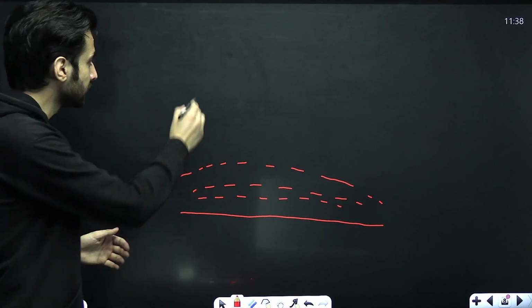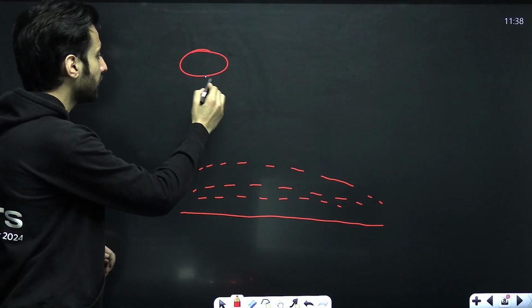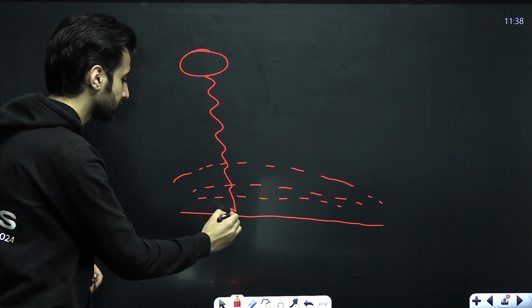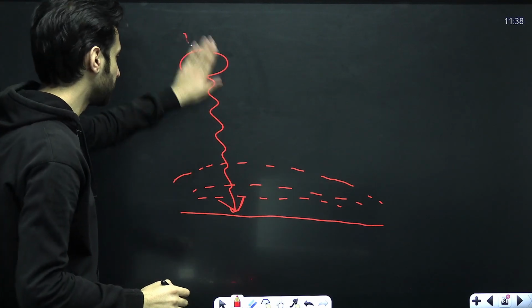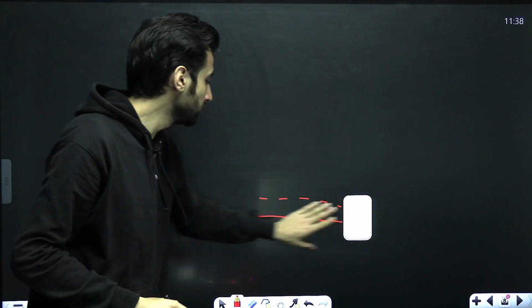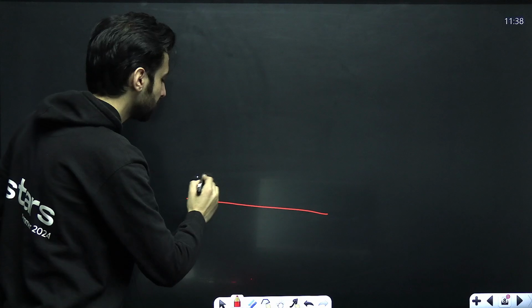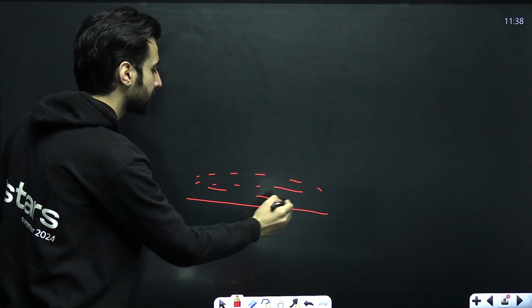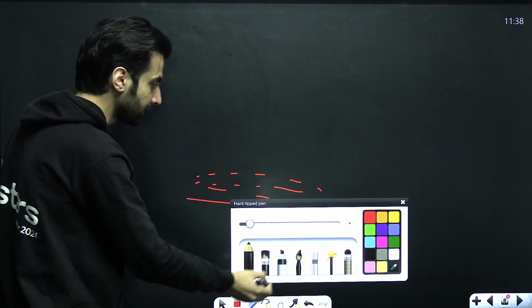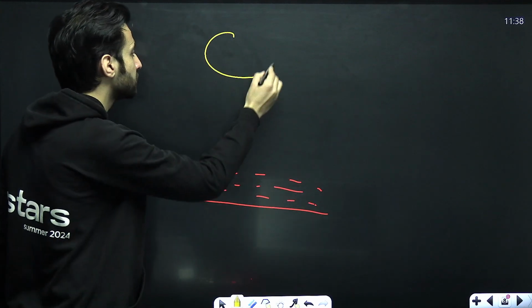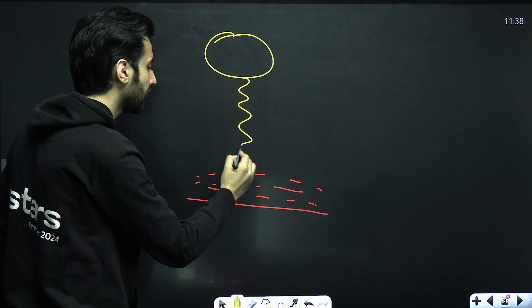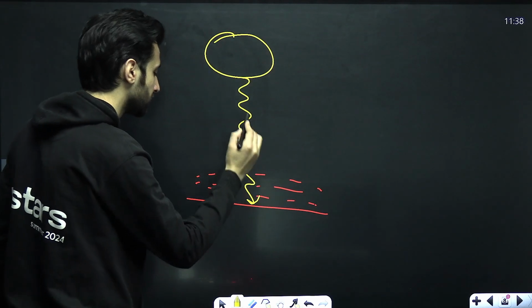See, when the solar energy comes to earth like this, I'll draw it for you so that you don't get confused. This is earth, and you will find different types of gases that are near the earth. Once the solar energy comes here, it will reach earth.